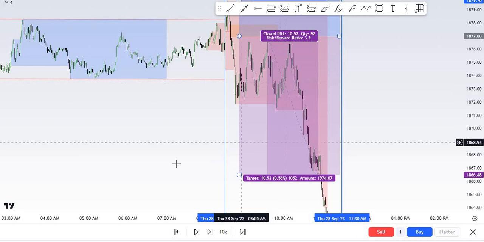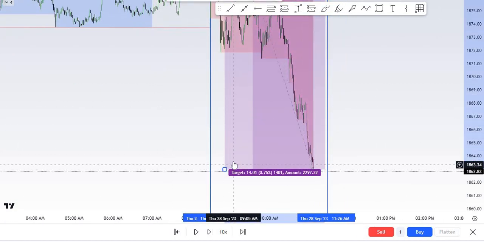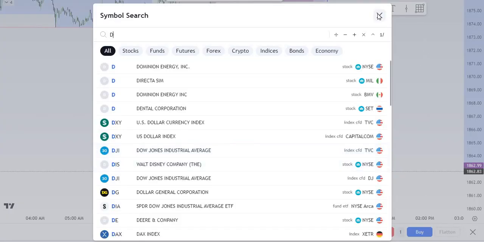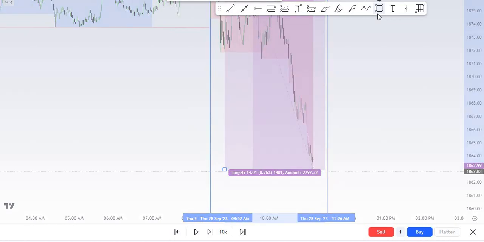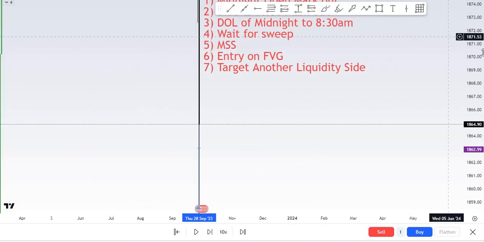This is the first trade that I took this week. I caught almost all of it because I used the daily time frame that helped me to identify the target. So I will show you the daily time frame, how I targeted this one.